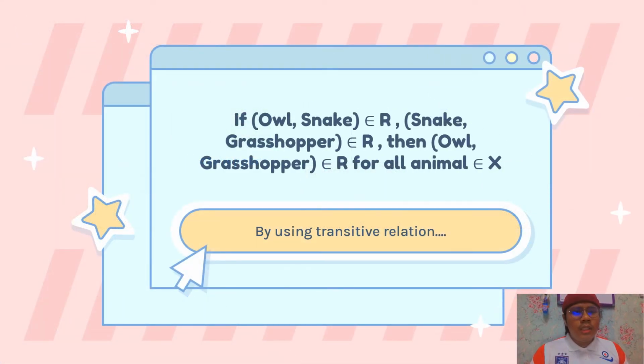By using the transitive relation, if owl eats snake, element of R, and snake eats grasshopper, element of R also, then owl will eat grasshopper, element of R, for all elements of X. For this example, we can agree that food chains at a paddy field have a transitive relation that we can relate to in our real life.